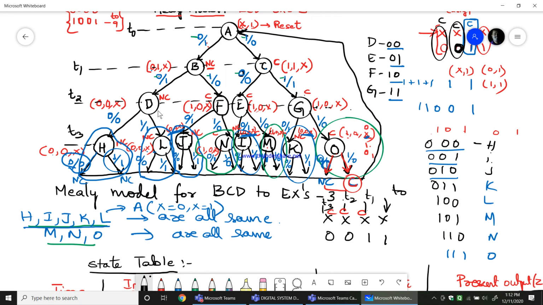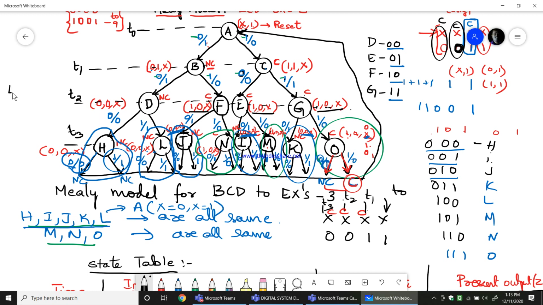So D, F, E and G. See, this is 10x, this is 10x, right? And also F is 10x. F also is 10x, E also 10x, G also 10x.